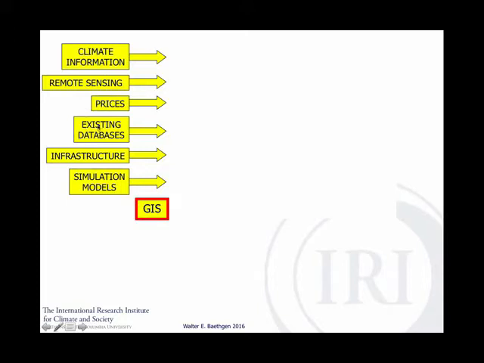They use a lot of the data. Australia has a lot of data, very relevant data. Information about other dimensions, such as infrastructure. Then we use tools for analysis or simulation models. And then we integrate all that information using geographical information systems.